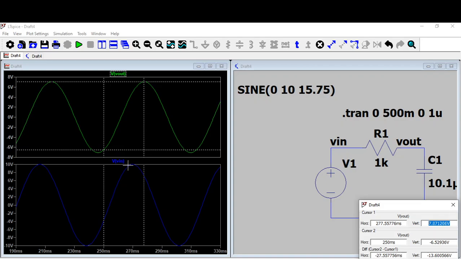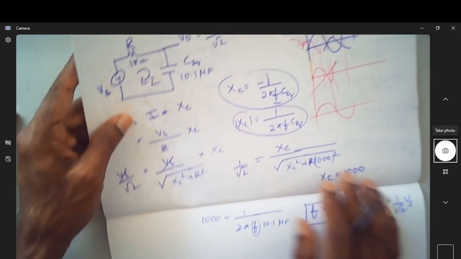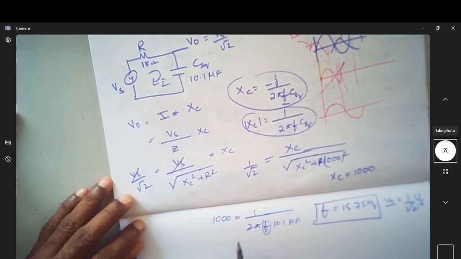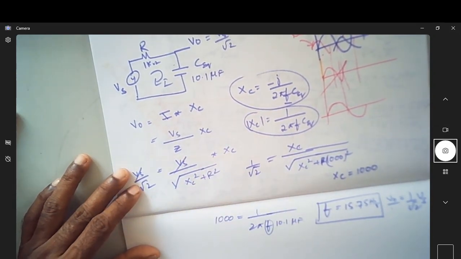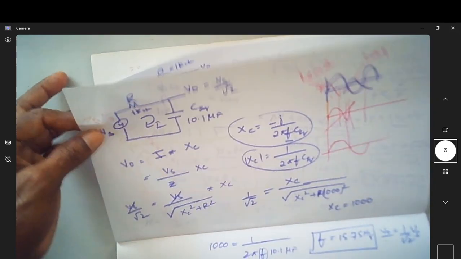We can actually find out how much the phase lag is, as we did in the earlier case also. So what is the phase here? If you want to find the phase, I will write the complete expression, not just the magnitude.